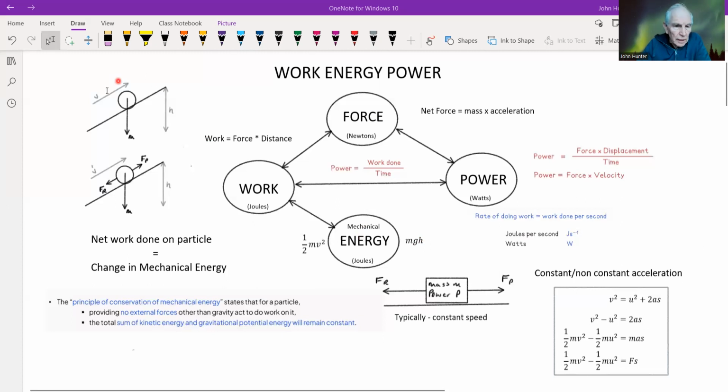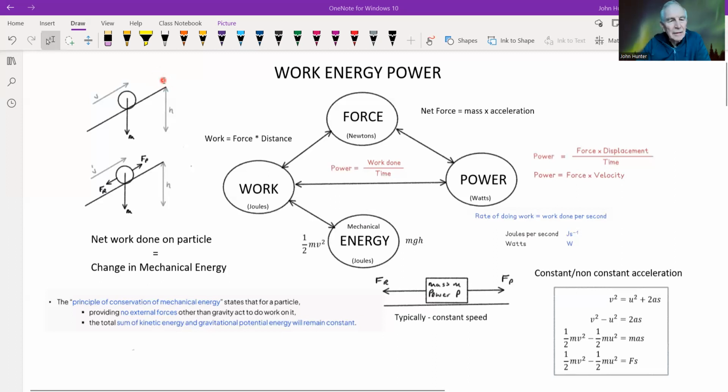If we look at this little model up in the top left here, if we project this particle up this slope, it's going to start off with some velocity v, and as it fires up the slope, it gets to the top. Possibly by then the velocity will have expired, and it will have all potential energy.